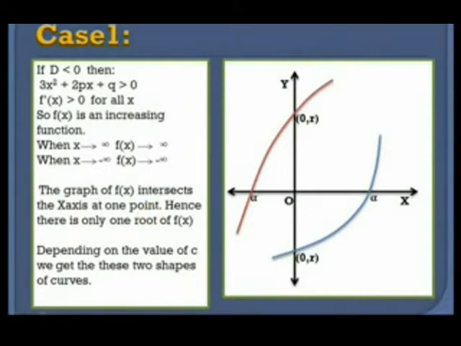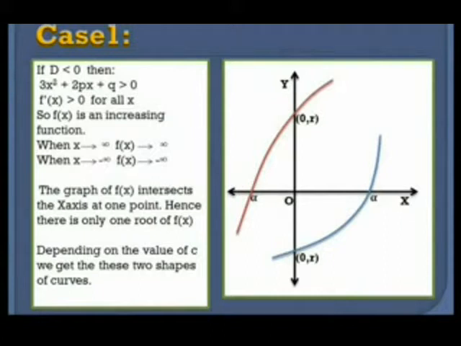Now, if the discriminant is less than 0, then this would be the curve of f(x), or this could be the curve of f(x). Depending on the value of r, we could get this curve. If r is positive, we get this curve, and if r is negative, we would get this sort of curve.